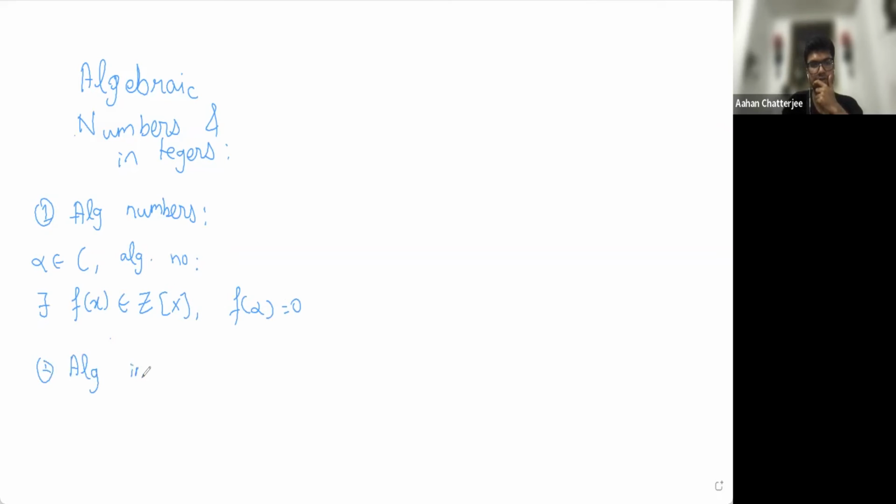And now an algebraic integer is essentially just if f is monic as well, then I say alpha is an algebraic integer.